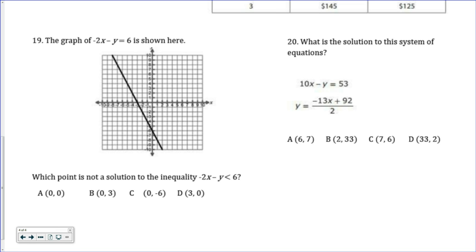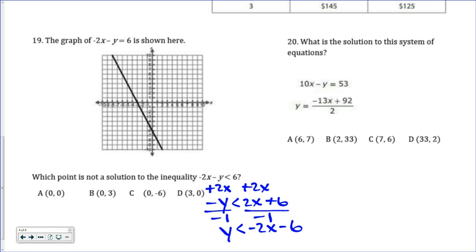It's already graphed for me, but I need to know which way to shade. So I'm going to add 2x to both sides, and I get -y is less than 2x plus 6. I can't have a -y, so divide by -1, and y is less than -2x minus 6.